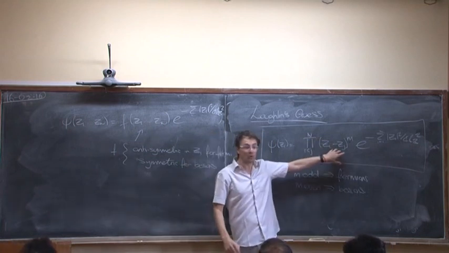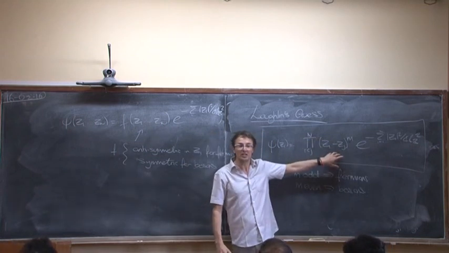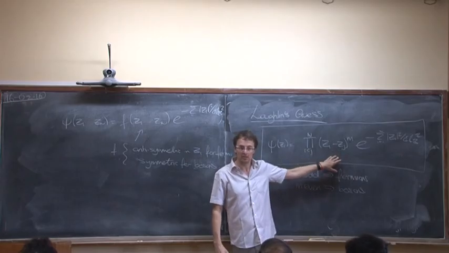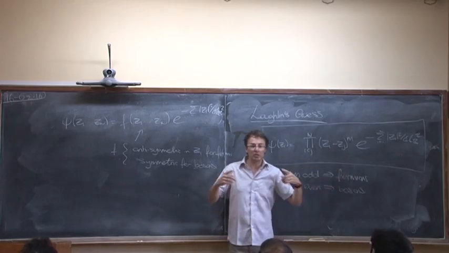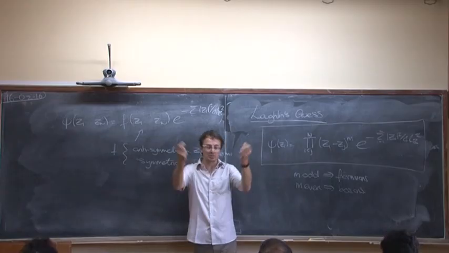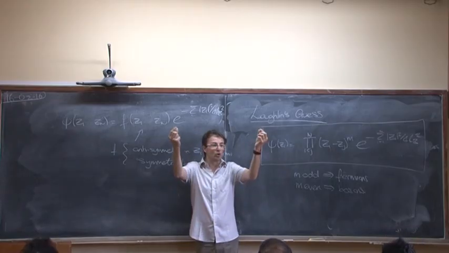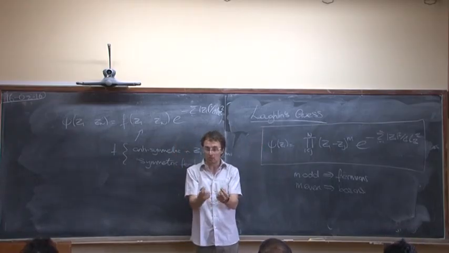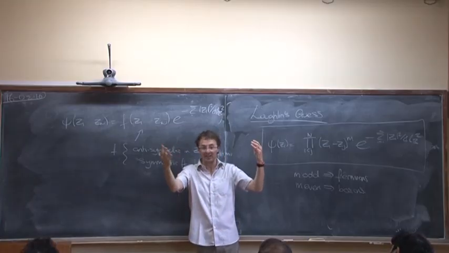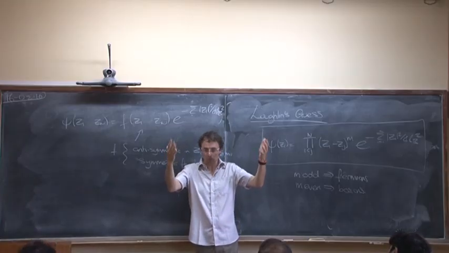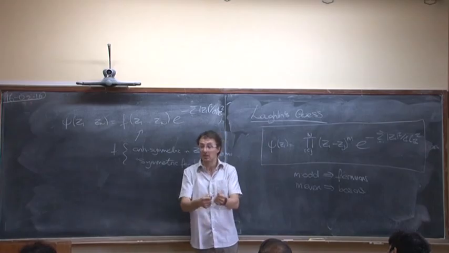Actually, let me first tell you what is good about it. What is good is that it's in the right universality class. So what do we mean by that? Usually we talk about universality classes in terms of RG flow and theories flowing to the same critical point. So you start with 2 very different theories, liquid, gas, and an Ising model, and when you get to the critical transition, the physics is identical.